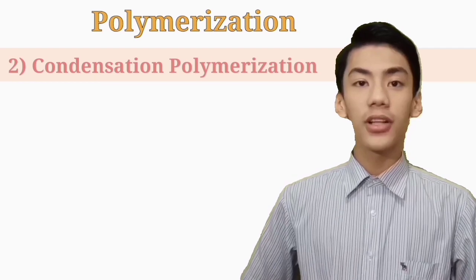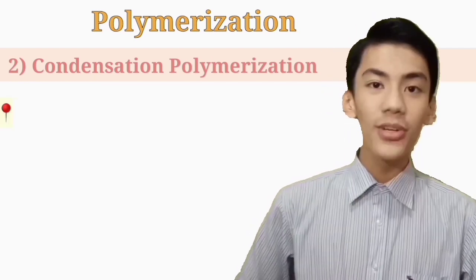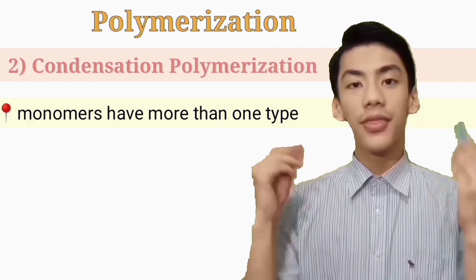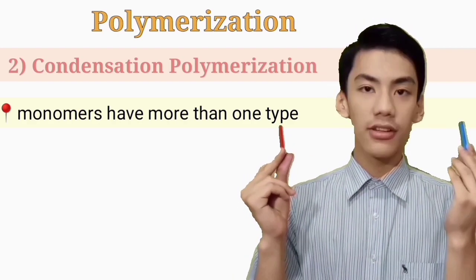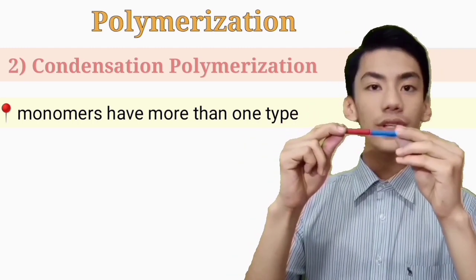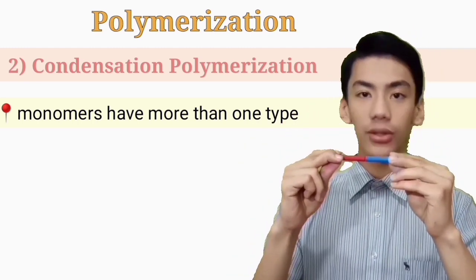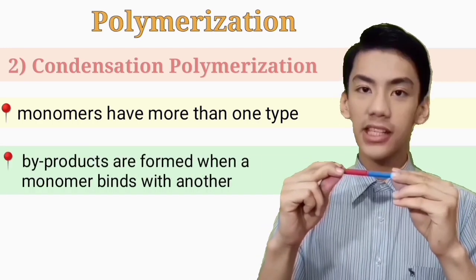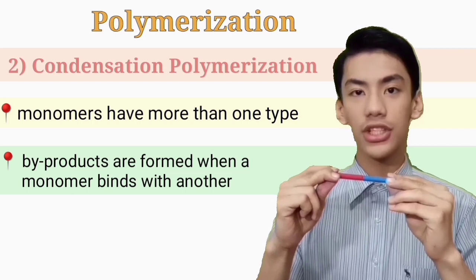In condensation polymerization, however, the monomers have more than one type. So for this type of polymerization, think of these two different colored crayons as your monomers. When you bind these two together, a reaction would occur, right? Because aside from the two crayons, another byproduct would be formed, which in this case is the color violet in the middle of each crayon.